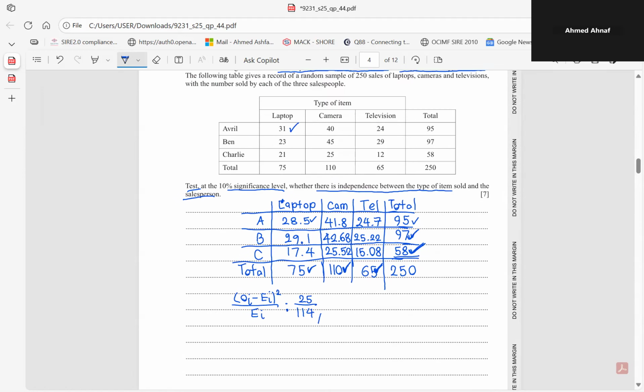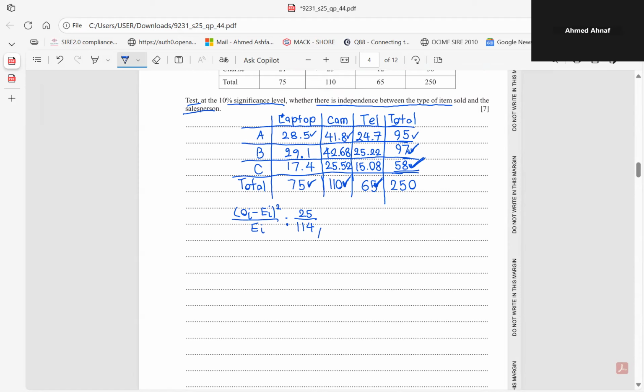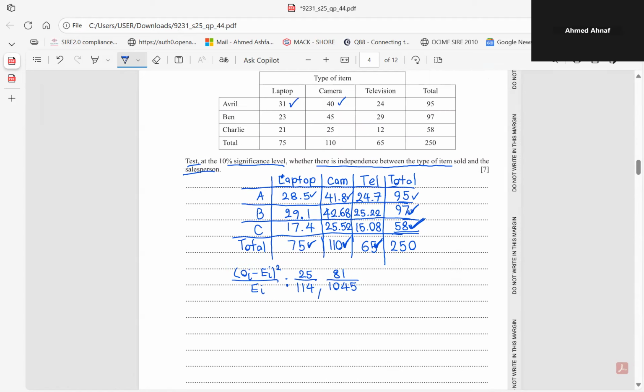The next one, observed is 40 and expected is 41.8, so 40 minus 41.8 squared divided by 41.8. You would get 88 over 1045. We have 9 values in total.